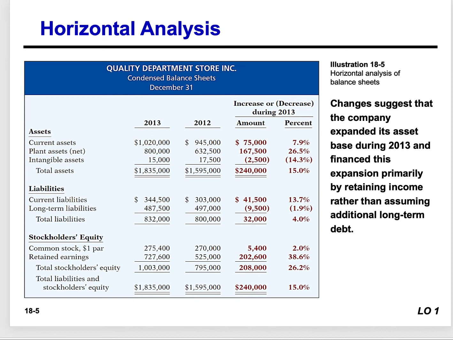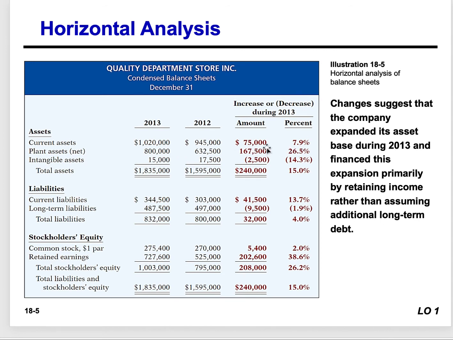So what we're doing is comparing the two numbers. So look at current assets. In 2012, our current assets were $945,000. In 2013, current assets were $1,020,000. All we need to do is take the difference between the two, and we have the amount change.